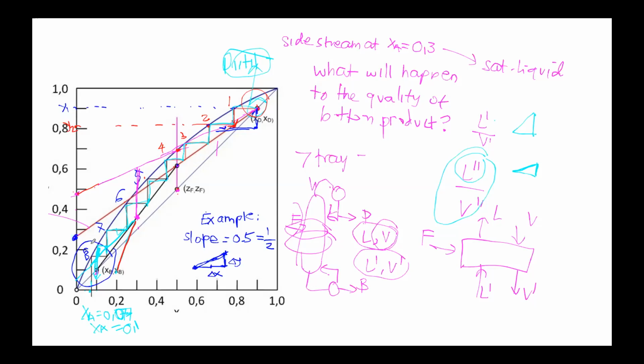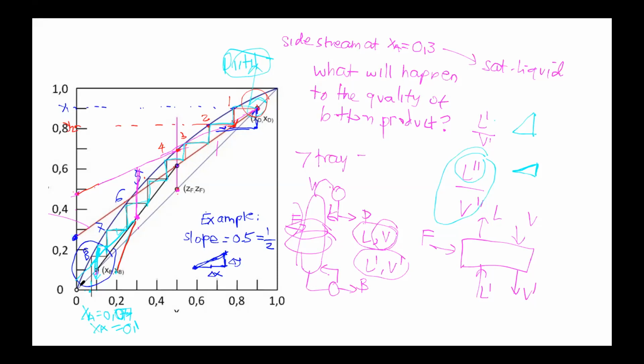Then we do side stream. Then there's diesel in the composition, and then we can add it. So the bottom product is just how much remaining material is left. In crude oil, the bottom product is the asphalt, the bitumen, something like that. So the XA, the product we want, should be very low.